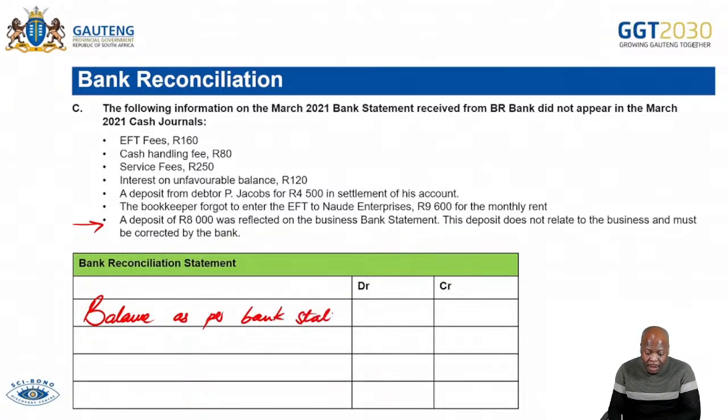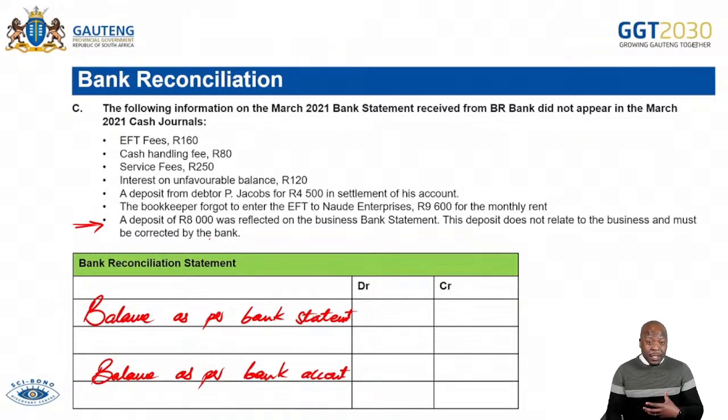I know some of you will start with balance as per bank account, it's still okay. And then I'm going to end it off with my balance as per bank account.